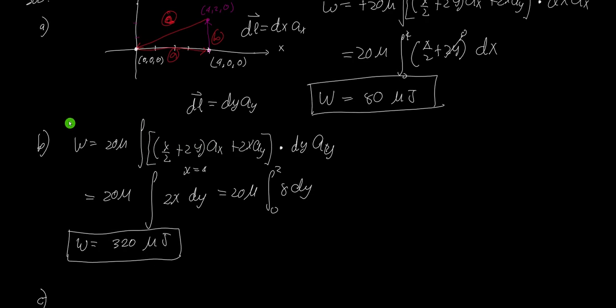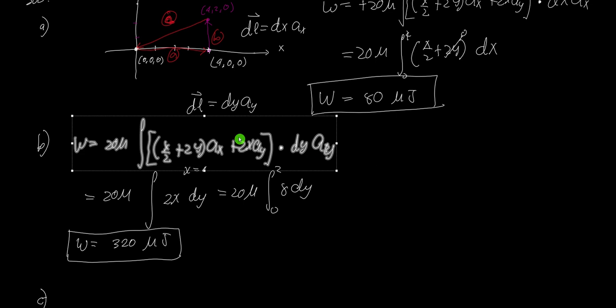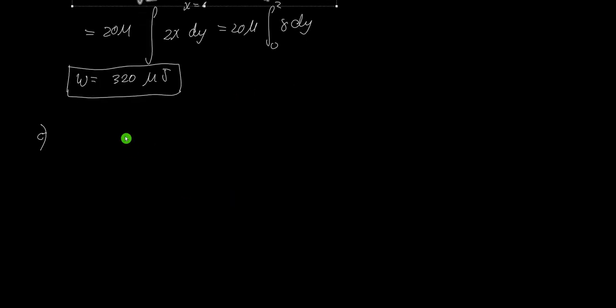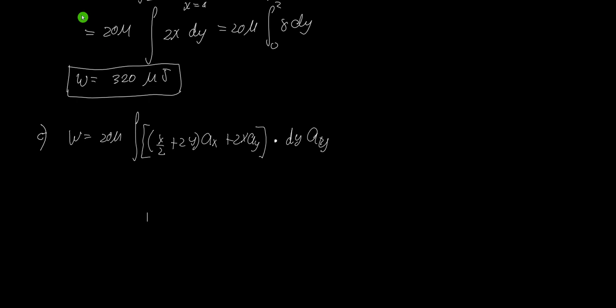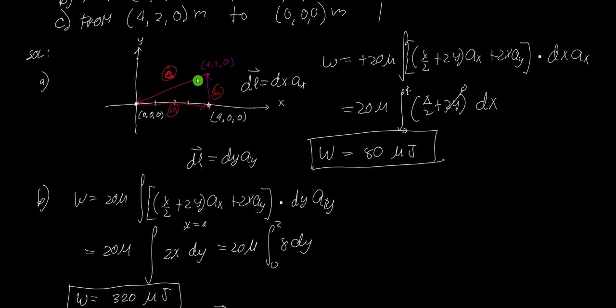So I just need to copy this again. It's the same thing, but we only need to change our DL. Why? Because this time, what will be our DL? If you look at the path, we have two components here. We have ax, the x direction, and we also have the y direction.